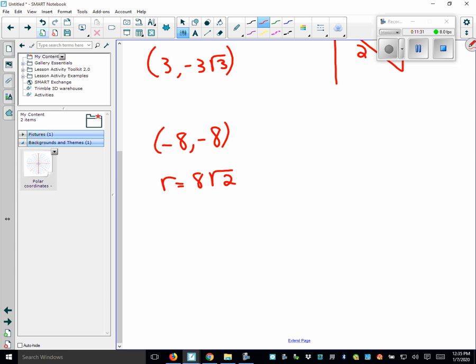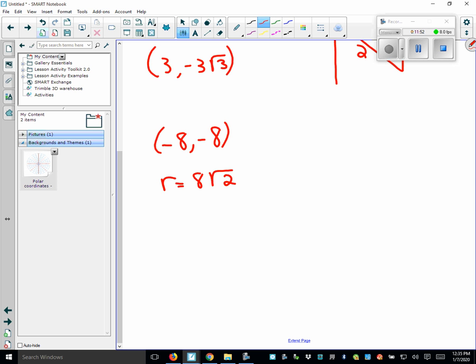Everybody agree? Isn't it always true that r is the square root of x squared plus y squared? Now, that gives me r.